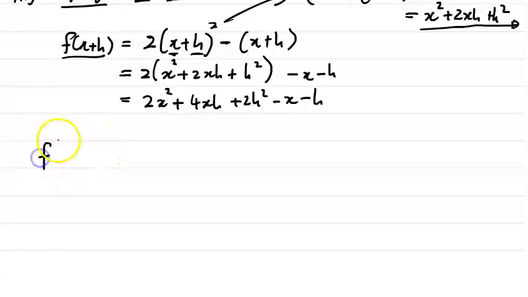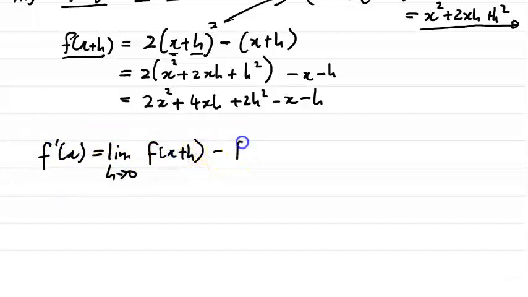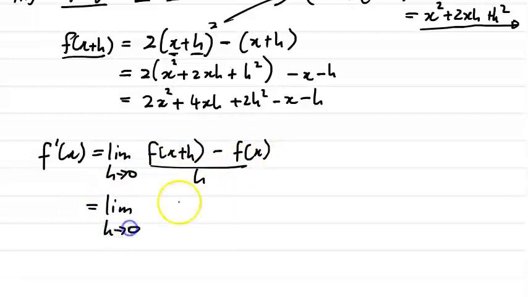So we'll say f prime x equals the limit as h approaches 0 of f of x plus h minus f of x all over h, which equals the limit as h approaches 0. f of x plus h is that whole part.